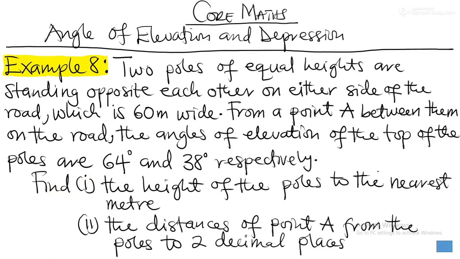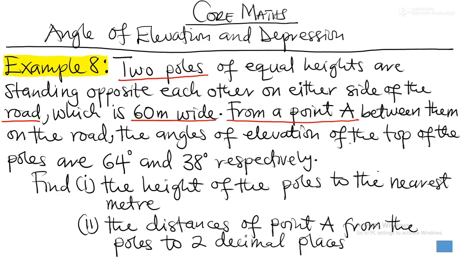Right. So as we read, we are to look for two poles. So we need two poles, and then also we need a road, which is 60 meters wide. And it says from a point A. So which means that this is our point of observation. Okay. So we have our point of observation to be A. Between them on the road, the angles of elevation of the top of the poles.